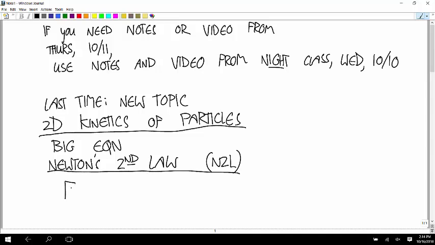And it says that Fnet, which is a vector, is equal to the mass times the acceleration. Now we have to be careful about what all of these things mean.